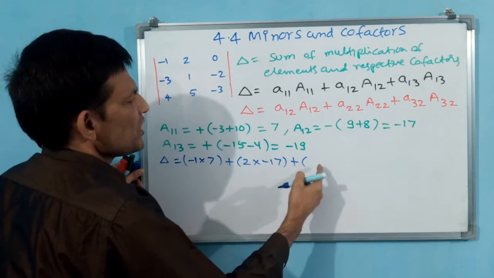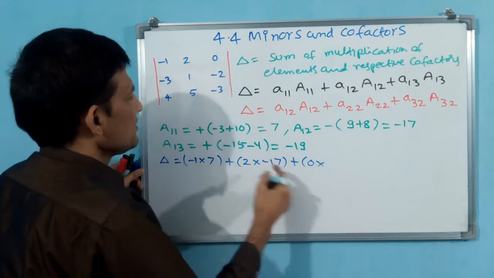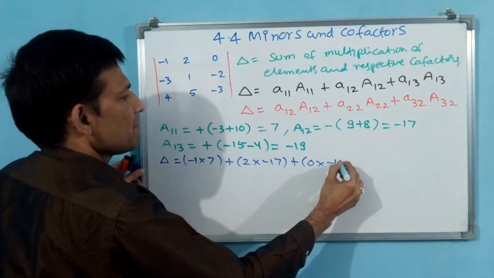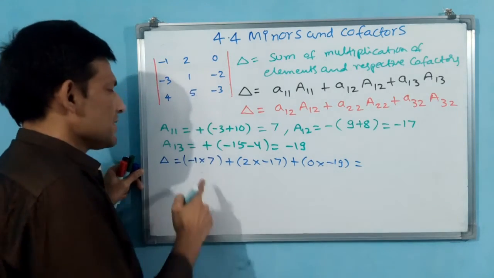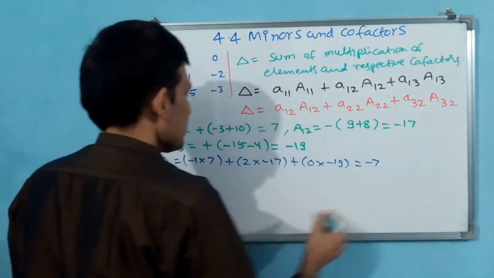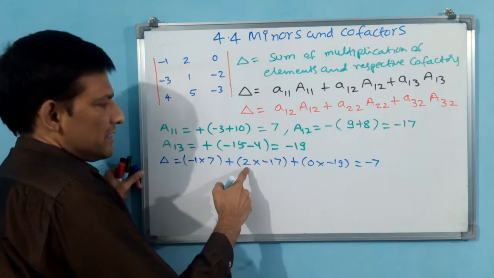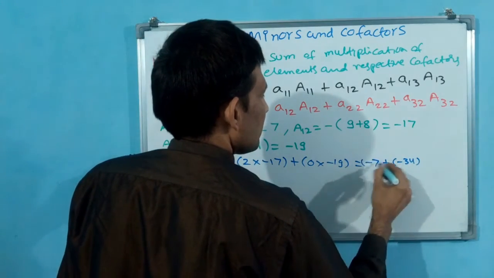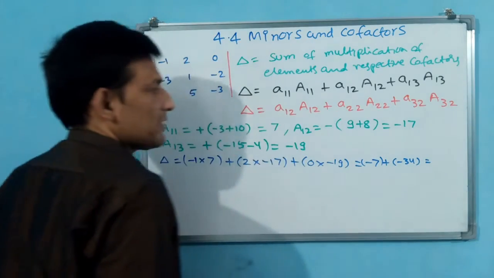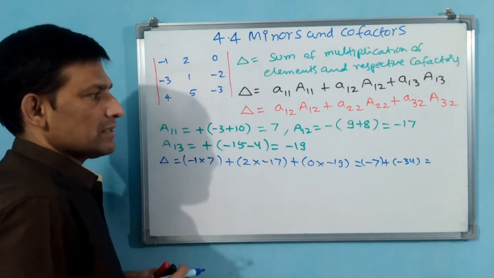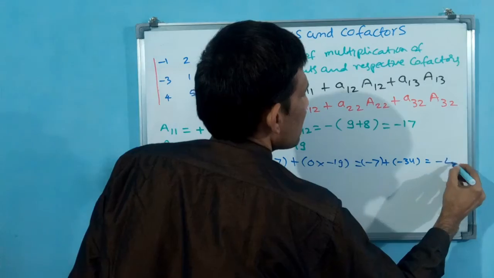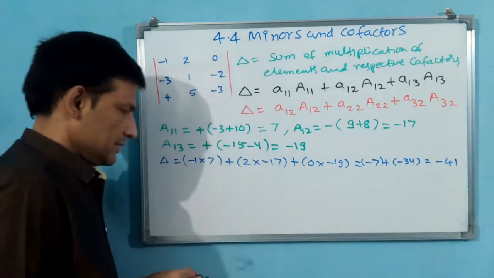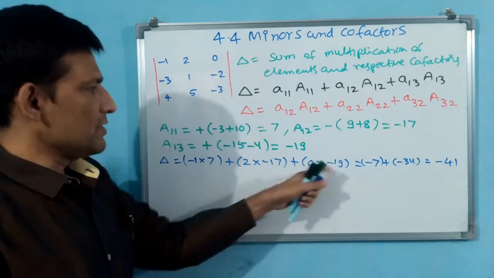Here it is 0, and 0 into something is 0, 0 into minus 19. Minus 7 and minus 34, that means minus 41. Yes, minus 41 will be your delta.